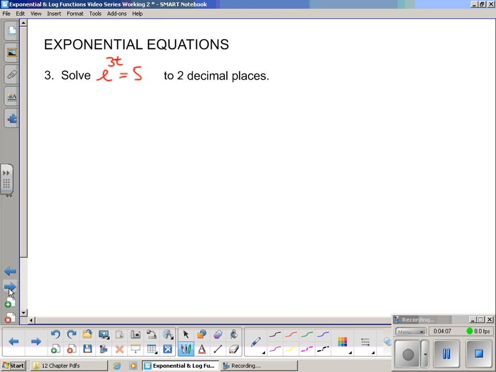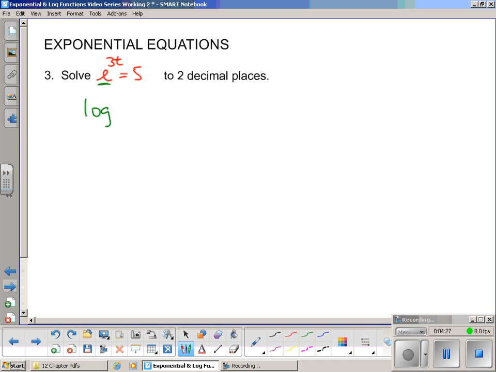Okay, our third and final example here is pretty similar, except we're going to use log to the base e for our log of both sides. I'll tell you about the button on the calculator in a minute, but because we've got an e here, we're going to choose to take the log e of both sides. So bear with me with this one.